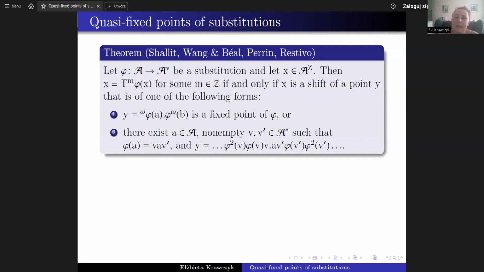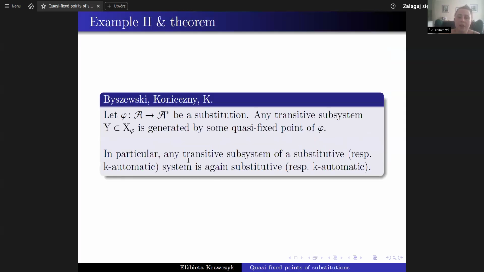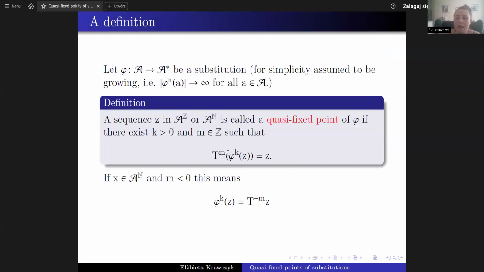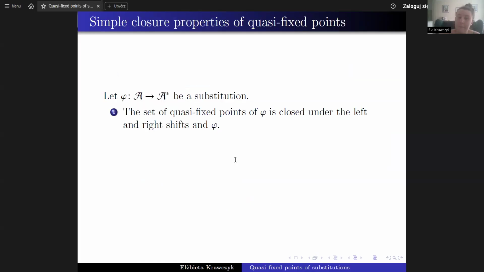Okay, so when we look back at the definition of a quasi-fixed point, I didn't only want to look at phi, I actually wanted to look at all powers phi^k.